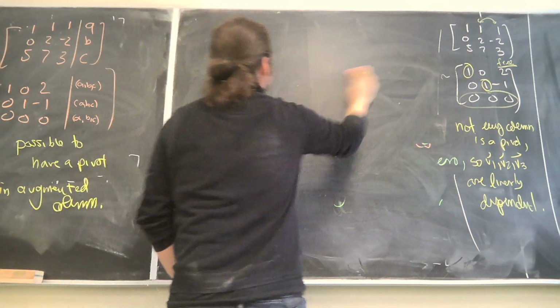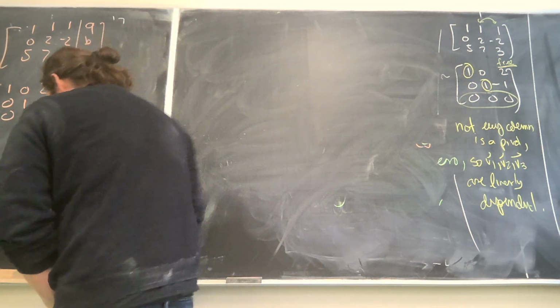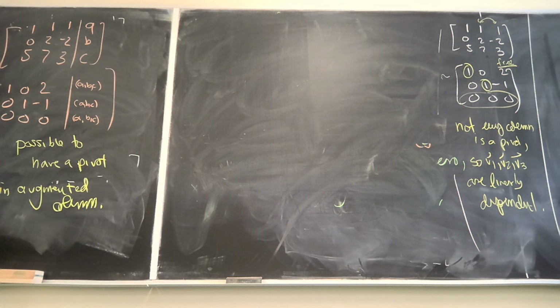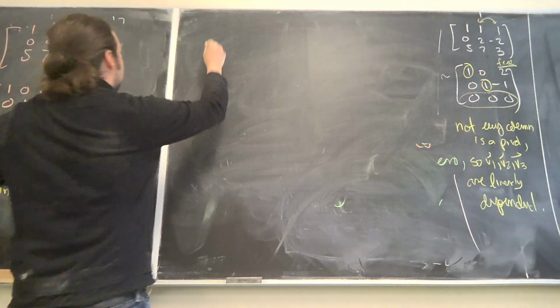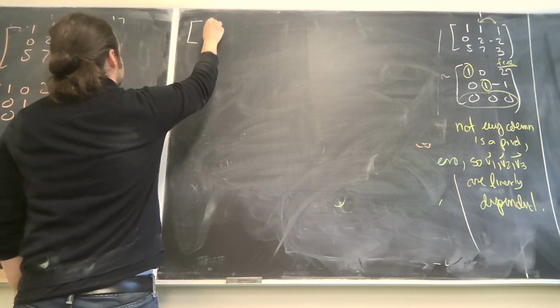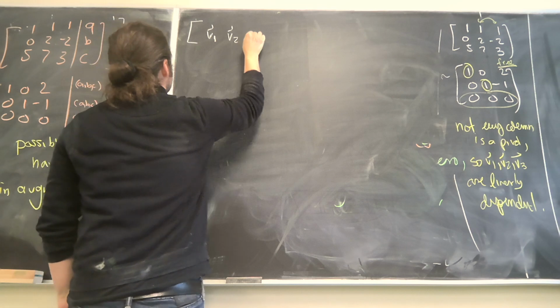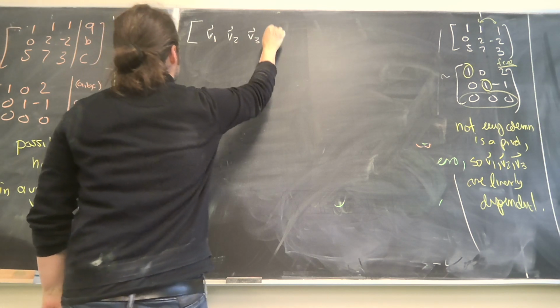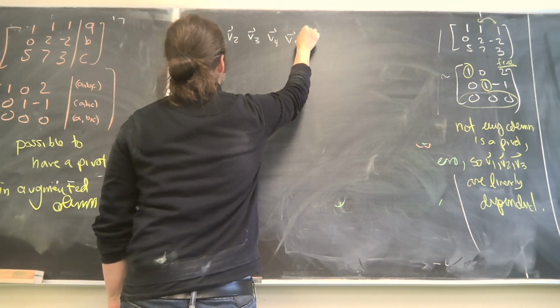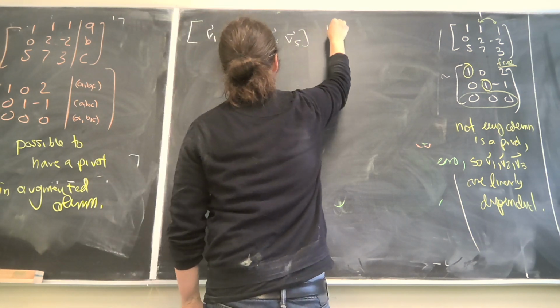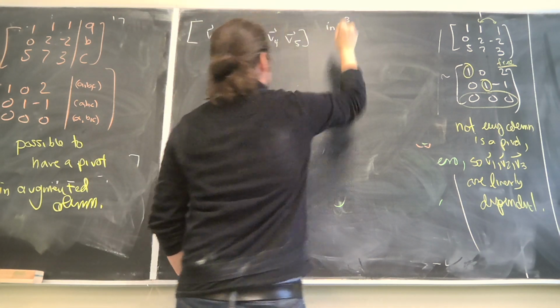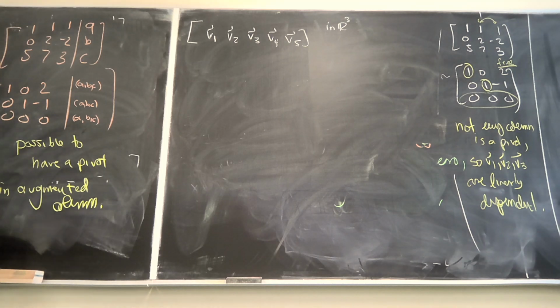All right. So now I'm going to give you a more abstract version of the same type of questions. We'll keep driving into this stuff. Suppose instead I tell you that you have a set V1, V2, V3, V4, and V5. All of these vectors are in R3, which is to say they're all three-dimensional vectors.